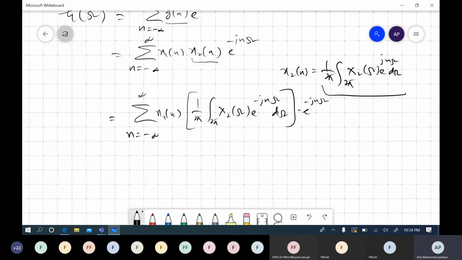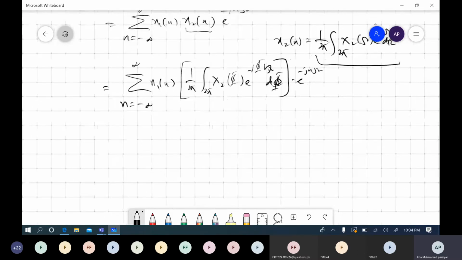Sorry, if we have already used omega, then we have to change this symbol. For example, I use phi instead of this omega, because we cannot use the same symbol for two signals. So for example, this is e to the power j phi n d phi.